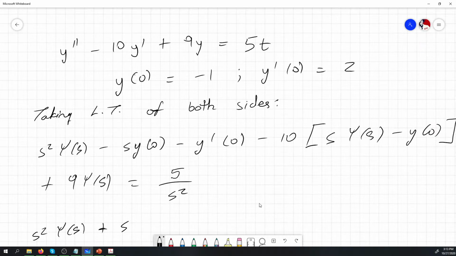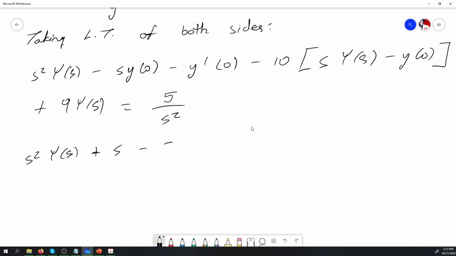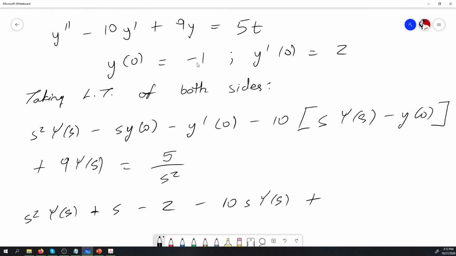Y prime naught was 2, so this will become 2, minus 10 s Y of s, plus, because this here is minus 10 multiplied by minus y naught, that's 3 negatives that have been multiplied, so this is now going to become minus 10 multiplied by minus 1, so it's going to be minus 10.